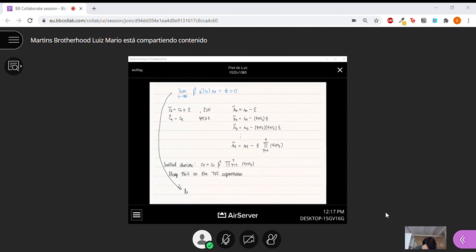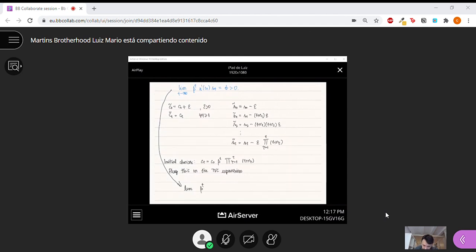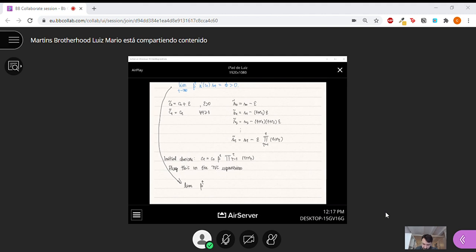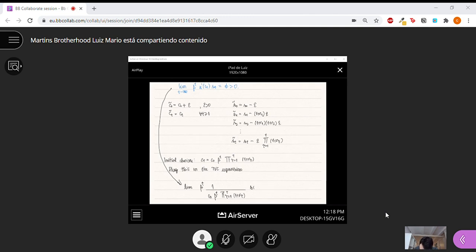So the limit of beta^t, and we know that u prime is 1 over c, so it will be 1 over this ct that we found here. That's u prime times st equals phi.